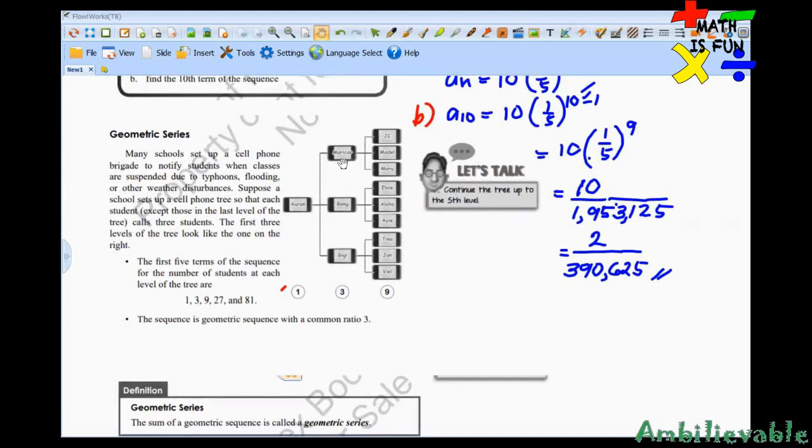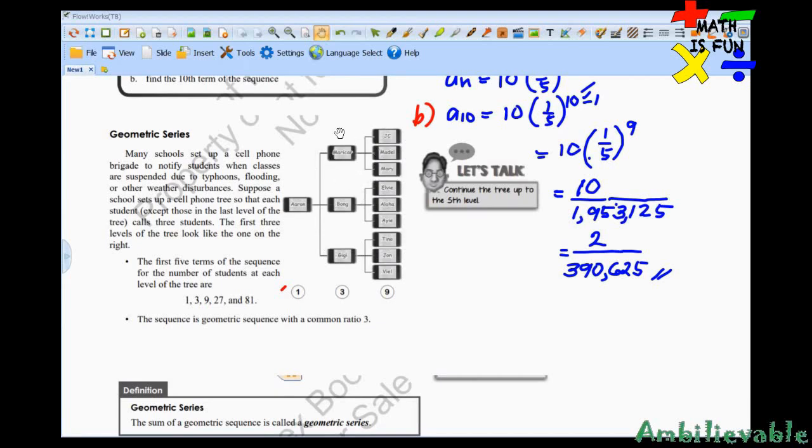At the same time, Maricar called another three, and Bong and Gigi also called three each. And those students will again be calling another three students. Okay, so same thing.